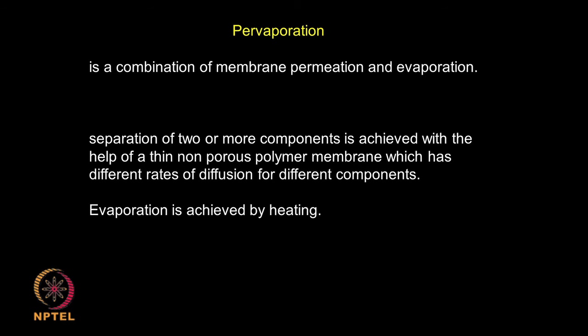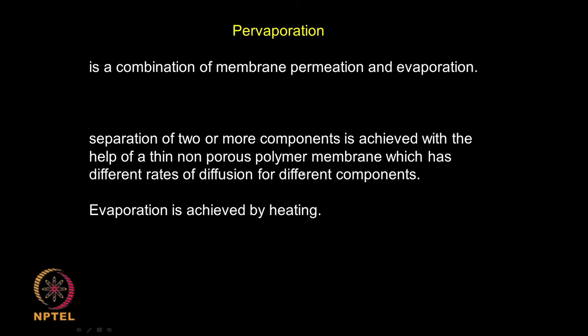material because there is an affinity of the solute for the membrane material. So, it diffuses and goes to the other side where it becomes a liquid again, and that way it is collected. So, separation of two or more components is achieved with the help of a thin non porous polymer.